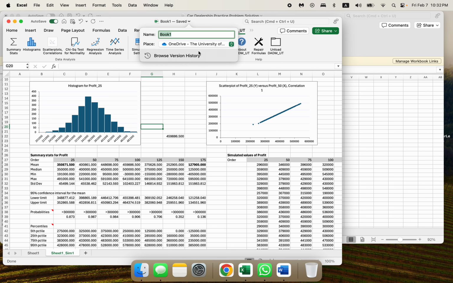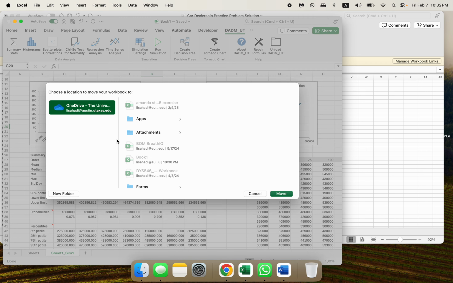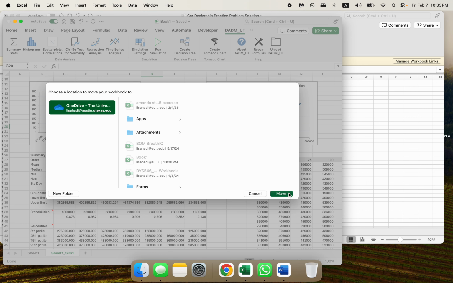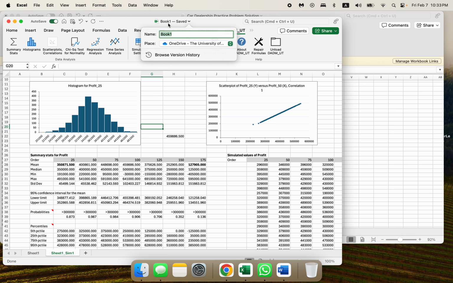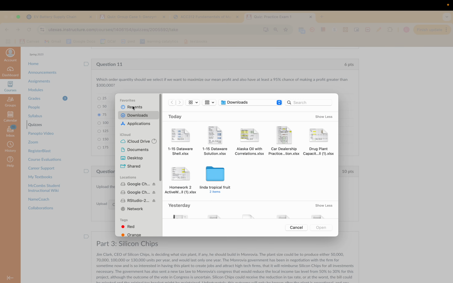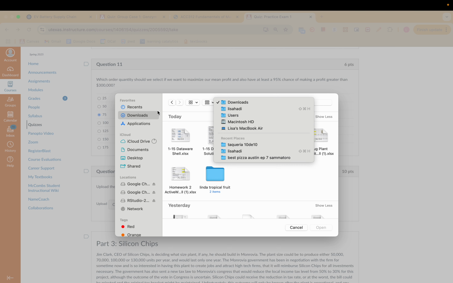Let me resave this somewhere else. I don't know why this is like this. Exam 1 Sims. Okay, maybe I have to exit it to upload the file. Where's my exam 1 Sims?